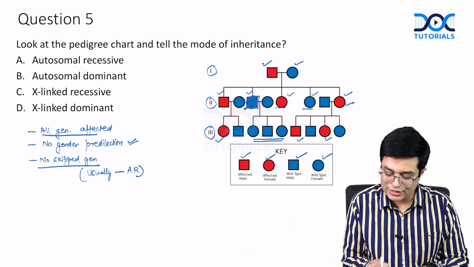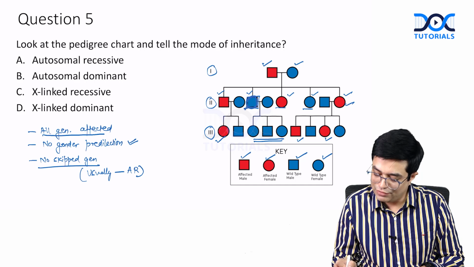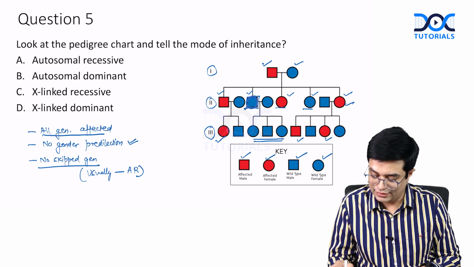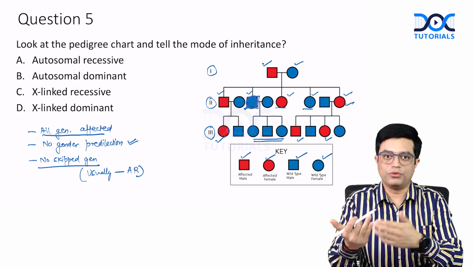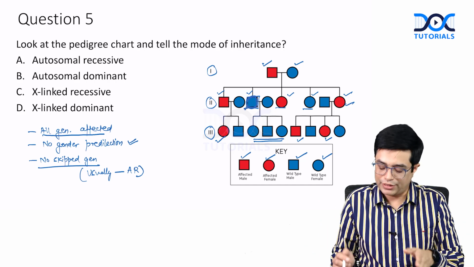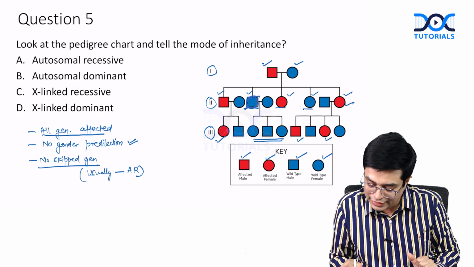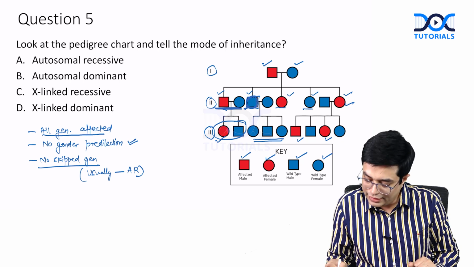So all generations are affected, and approximately 50% of their children. See here, obviously they had 5 children, so you cannot say whether 50% were affected or not. But if you see further, you will find that in the third generation, 50% of offspring are affected. Here also 50% of offspring are affected.